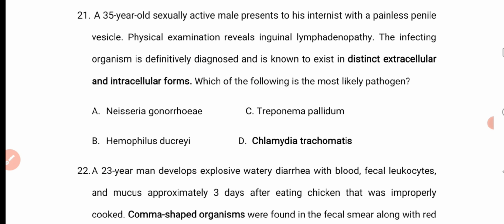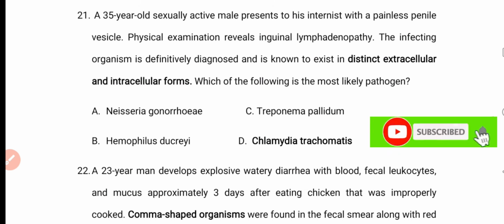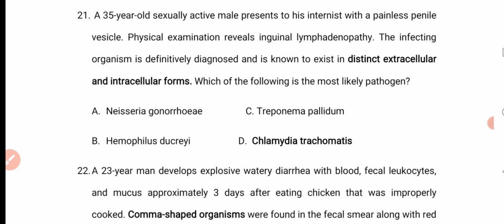So the next is a 35-year-old sexually active male who presents to the clinic with a painless penile vesicle, and physical examination reveals inguinal lymphadenopathy. Infected organisms are definitively diagnosed and known to exist in distinct extracellular and intracellular forms. Which one of the following is the most likely pathogen?